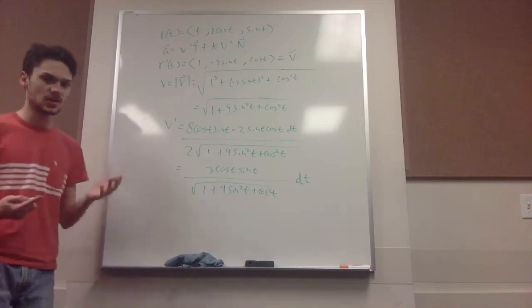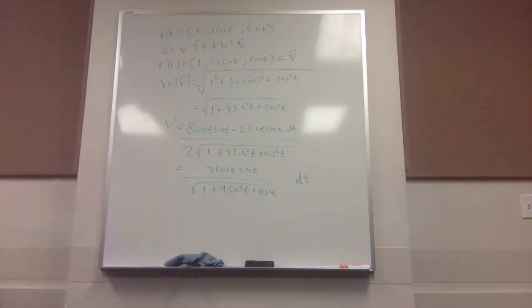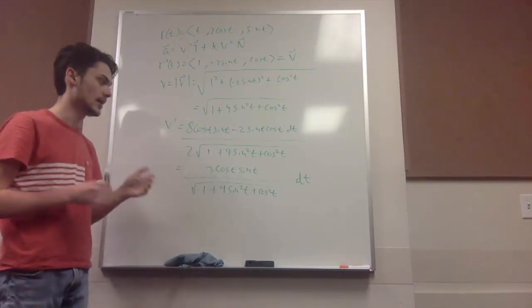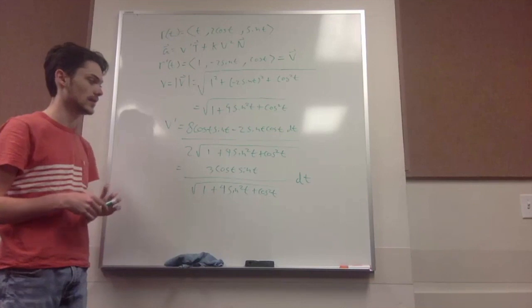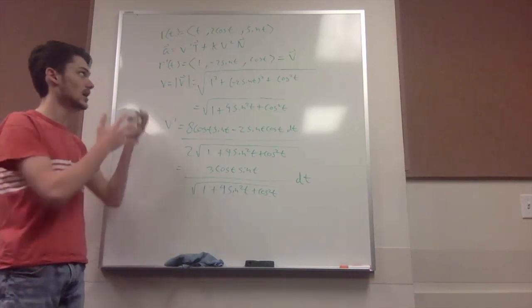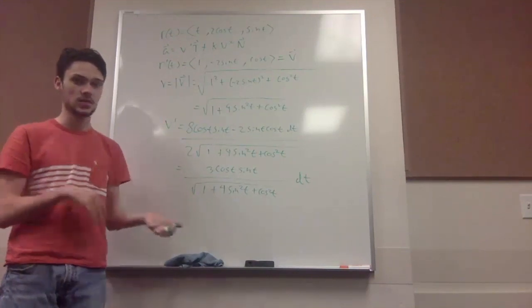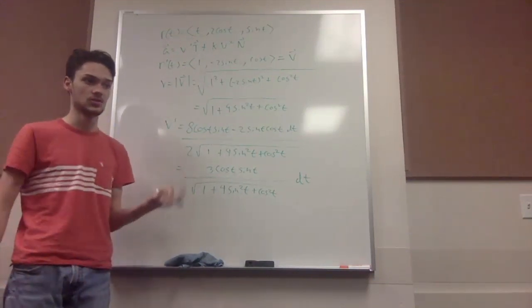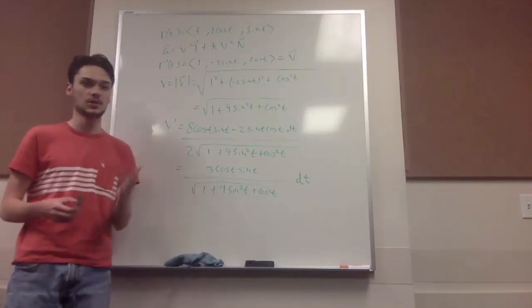I mean, it looks less complicated, but it still doesn't look very fun to work with. And I think to plug all these things into the necessary equations for the tangent unit vector and the normal unit vector would be a little bit ridiculous.